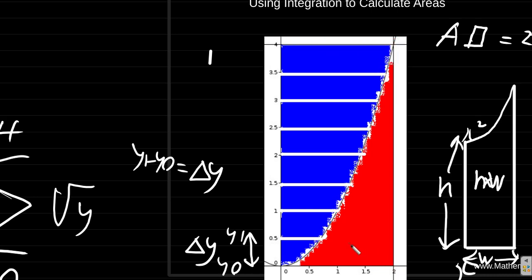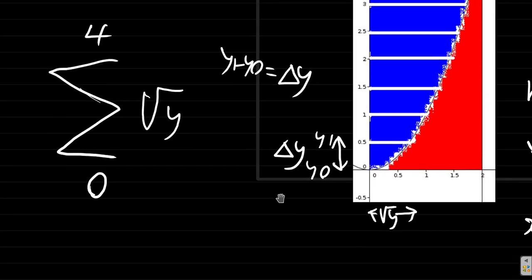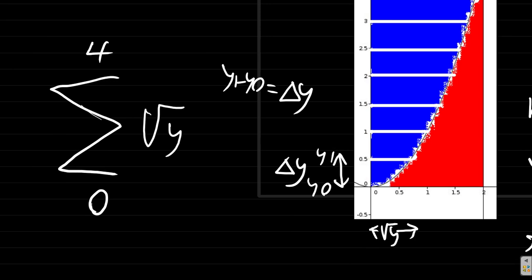Alright? And so on. You could check it out with this graph. So, it is the width times the height of each rectangle, which is delta y. You see that? Each rectangle is square root of y wide by delta y high.